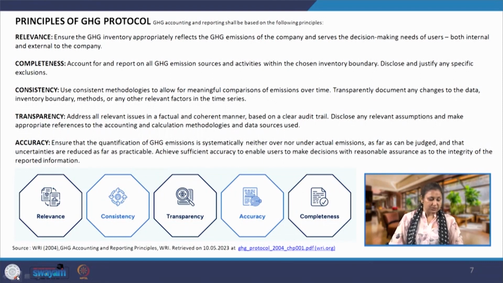And then the last principle, which is that of accuracy. So, we have to ensure that the quantification of GHG emissions is systematically neither over nor under the actual emissions, as far as can be judged, and that uncertainties are reduced as far as practicable. So, there will be uncertainties, there is no doubt about that.